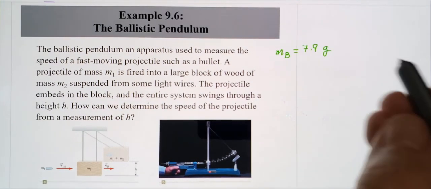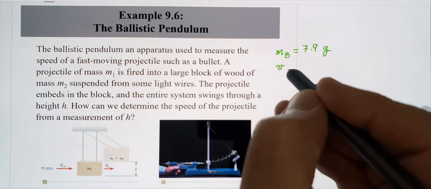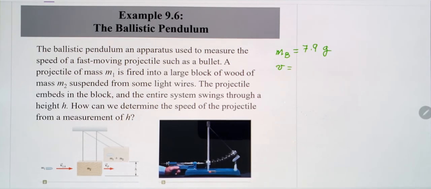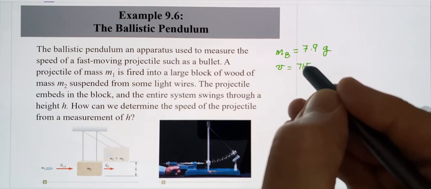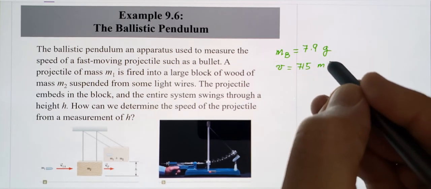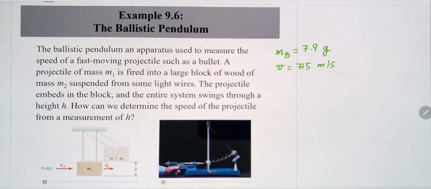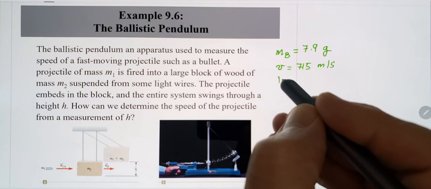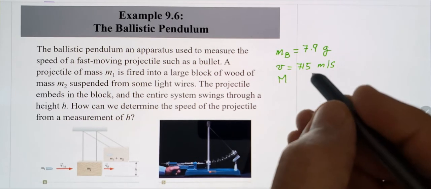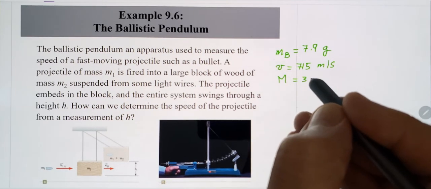The speed, or velocity in one dimension, of the bullet is 715 meters per second. The mass of the block, the big mass, is 3 kilograms.